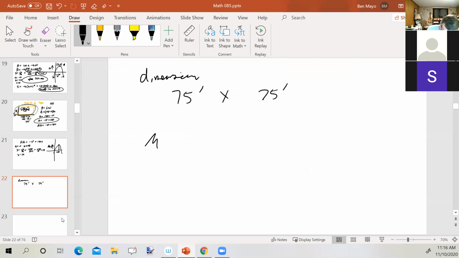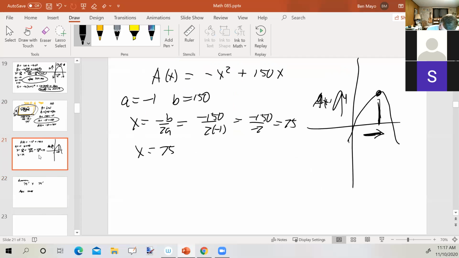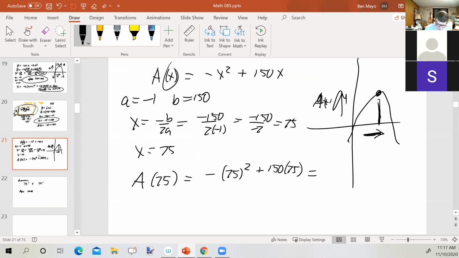Now, what is the maximum area? Well, that would be A of 75. And when we punch that in to calculate it, let's see here, negative 75 squared plus 150 times 75.